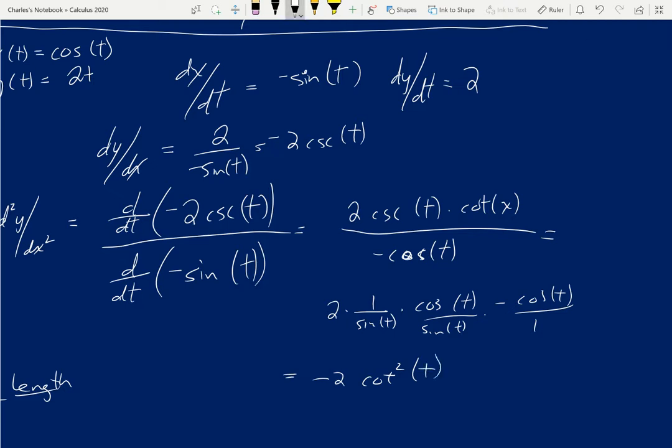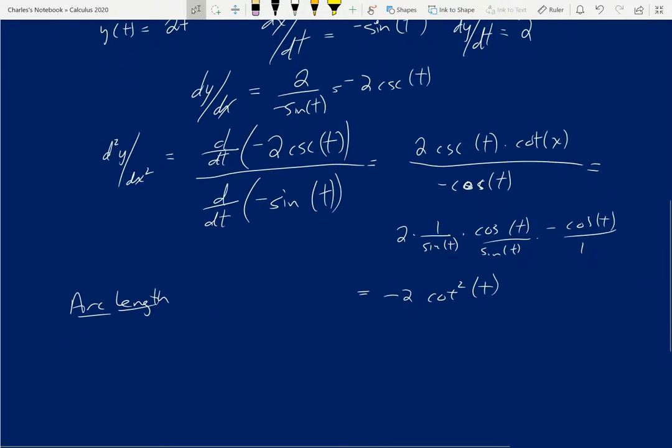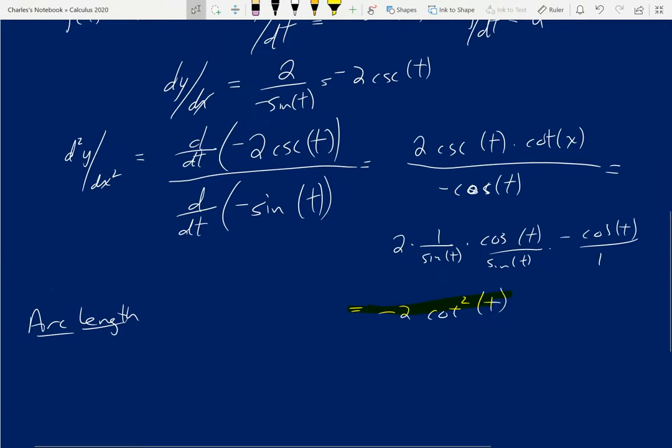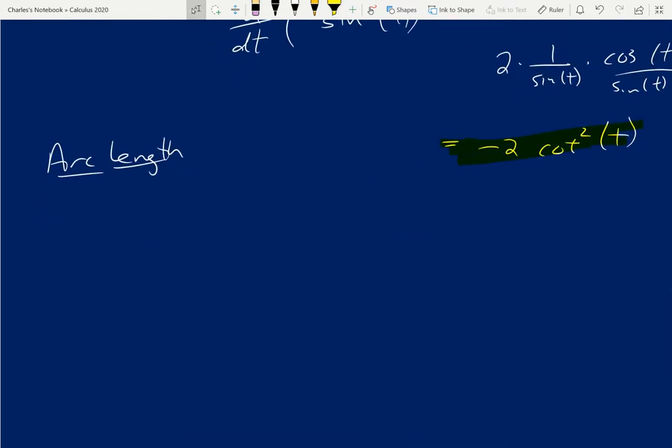There's definitely a chance I made some kind of mistake in there, but going back and checking my answers is kind of below my pay grade. So you'll have to let me know if I did. But that's what I believe. That's definitely the right process for finding the concavity of a parametric, or component form, vector. And of course, if you want to know at a certain point, you'd plug in the t and find out if it's concave up or concave down based on whether it's positive or negative.